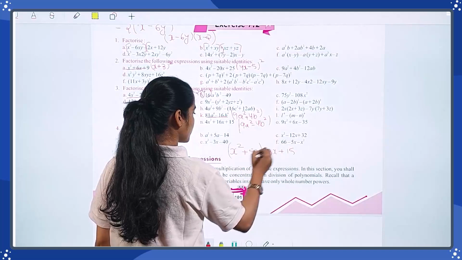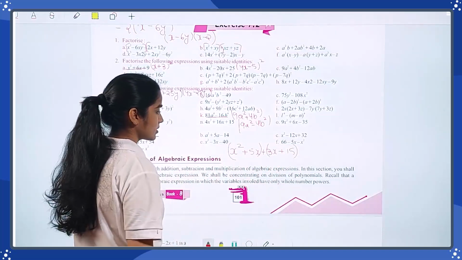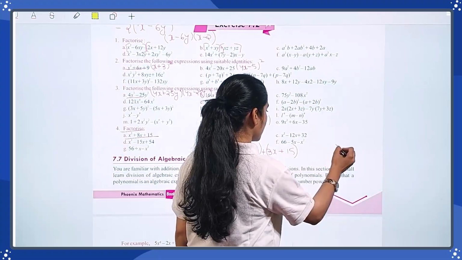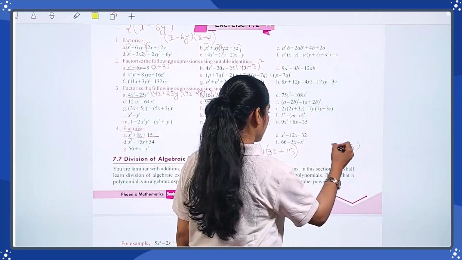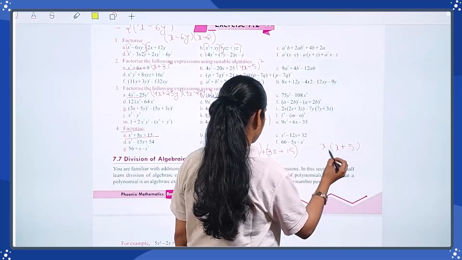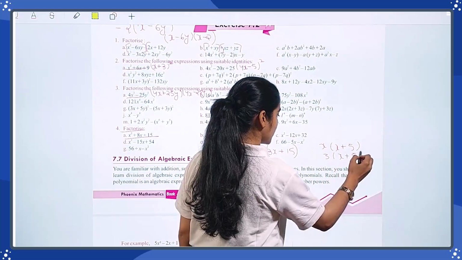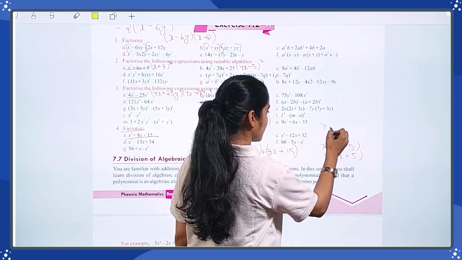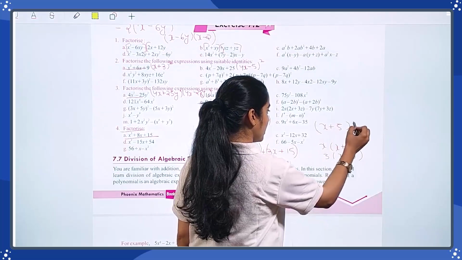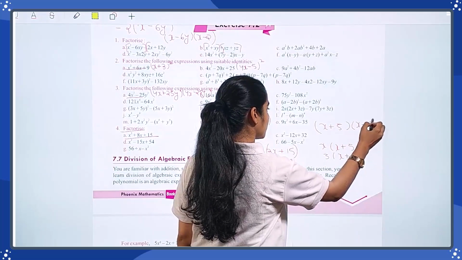Now make two groups of it and conclude your answer. In this you can take x outside, x plus 5. Then in this you can take 3 outside and x plus 5. So you will have (x plus 5)(x plus 3).